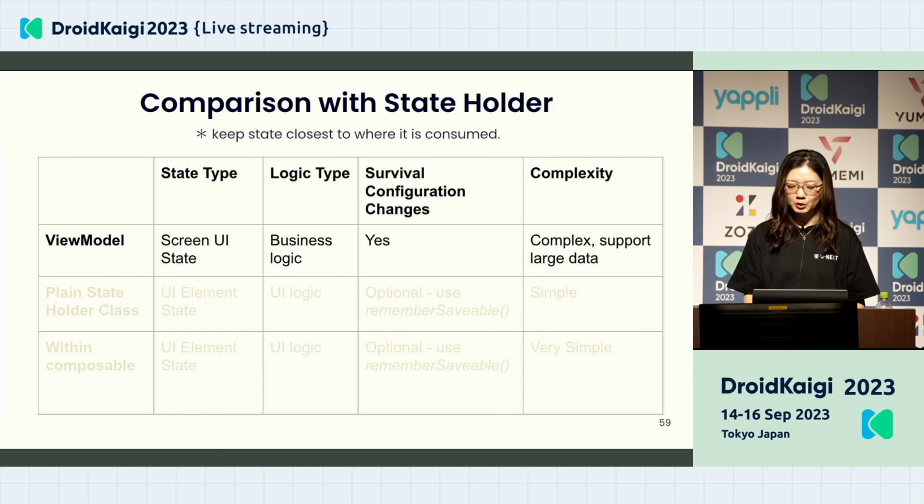Additionally, view model supports business logic by establishing connections with other layers of the application. An important attribute of view model is its ability to survive configuration changes, ensuring data continuity. This capability allows us to place the most complex or large state inside the view model.